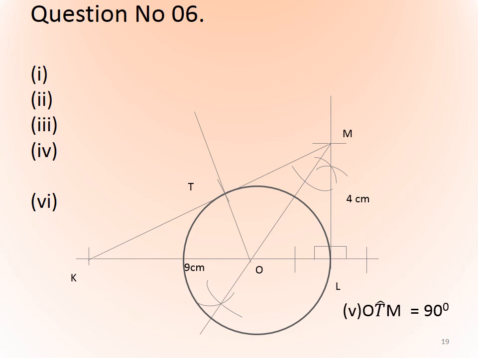Then take the length KT and keep on top of the point K and draw an arc on the circle. Then connect that intersection point with K. This is another tangent to this circle.